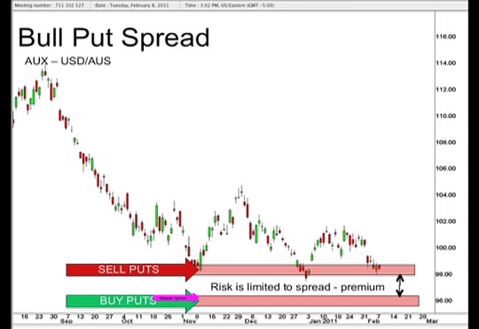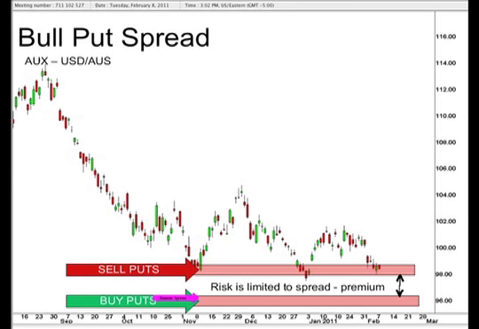A smaller account size may believe that it would be best to create this bull put spread. Now, the two strategies that I just showed here, although we're using put options, are ultimately bullish strategies. So we can also use our charts to identify if the market is in an uptrend, and we can sell put options or create bull put spreads as long as the market is in an uptrend.